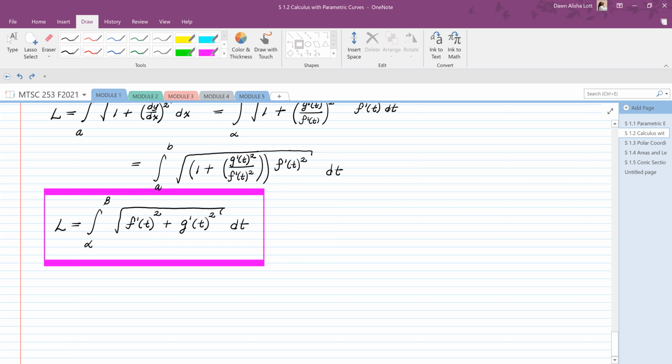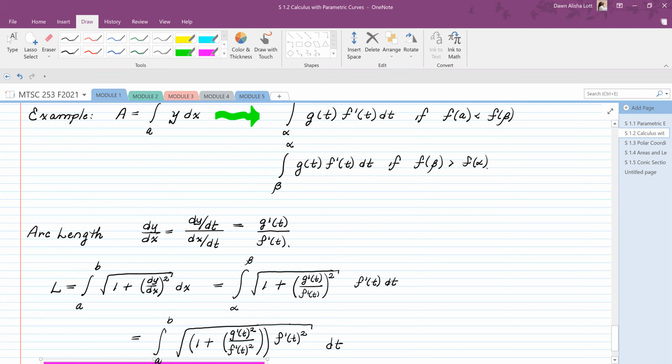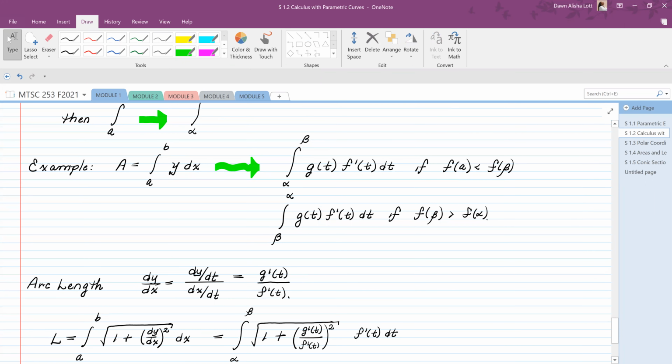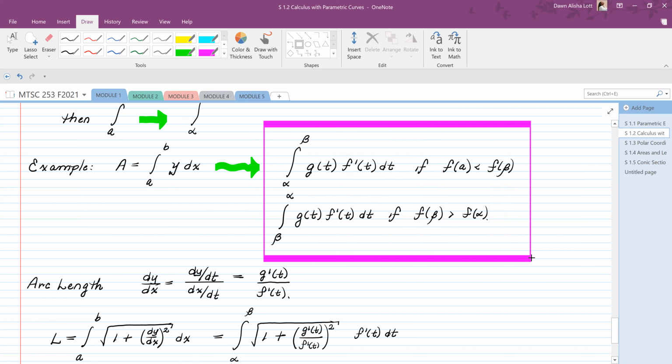So there's my arc length. And here's my area.